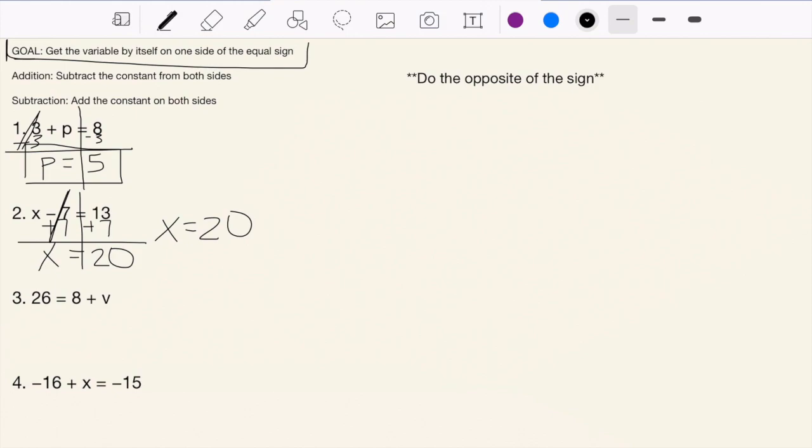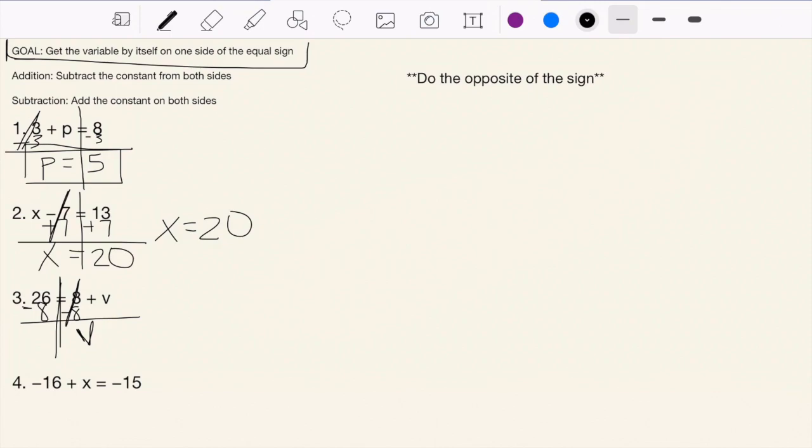So let's keep going. I'm going to draw a line by the equal sign just because it's an easier way to visualize our equation. So we have 26 equals 8 plus v. Looking at this 8, it's positive, so I'm going to do the opposite. I'm going to subtract 8. 8 minus 8 is 0, so I'm just left with v on this side. Then whatever I do to one side, I have to do to the other.